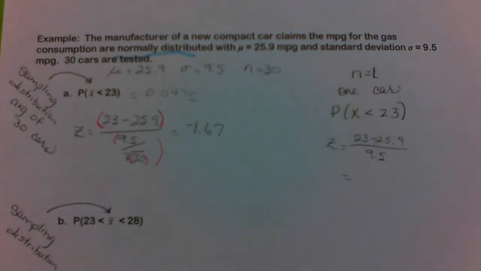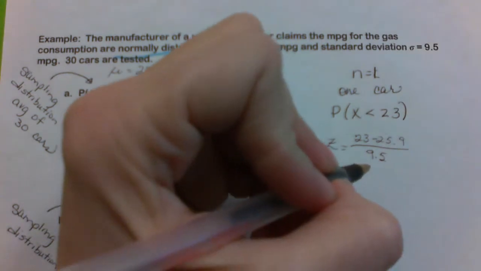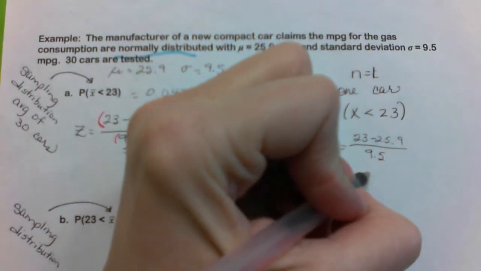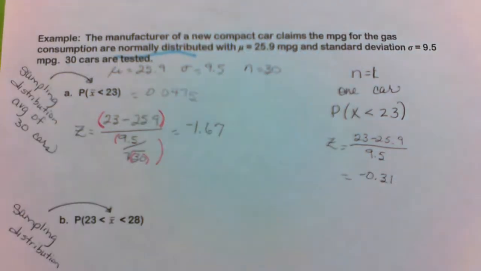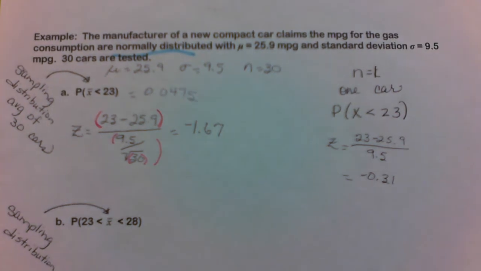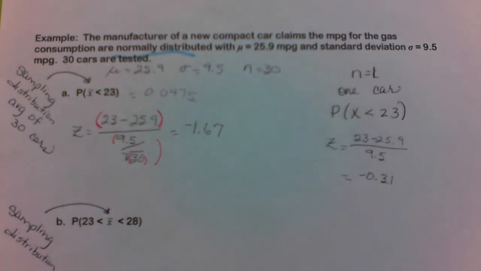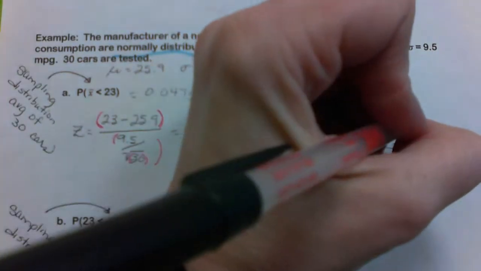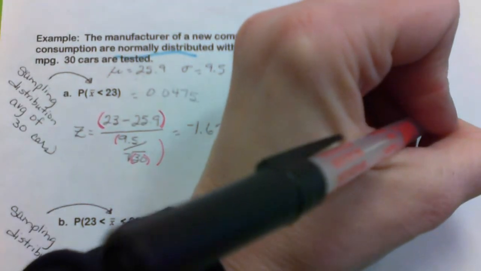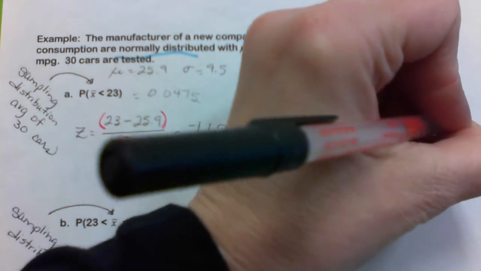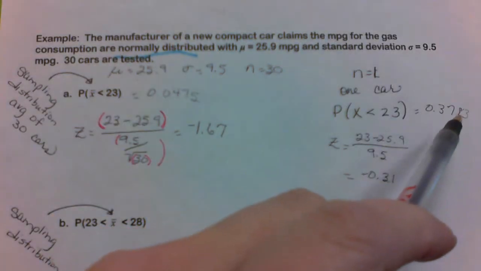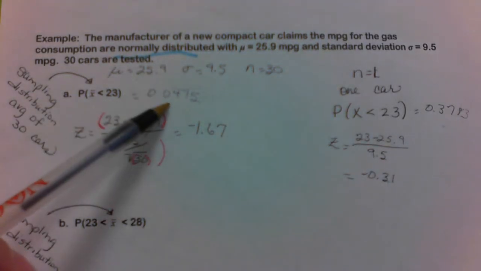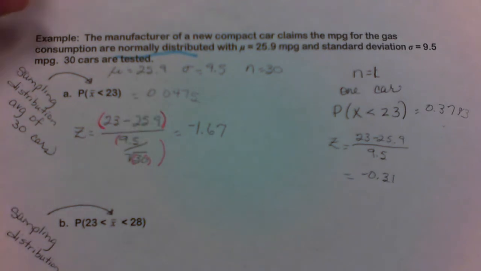So your z value, when you calculate that, is negative 0.31. If you went to the table and found negative 0.31, you get 0.3783. And this is the difference of 1 car's probability versus the average of 30 cars' probability.